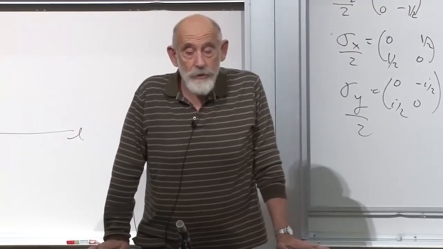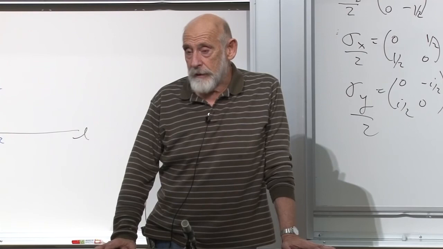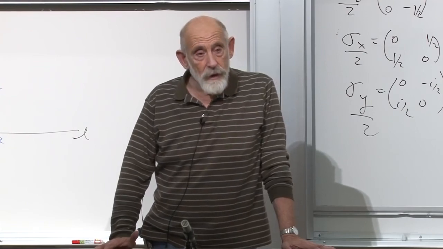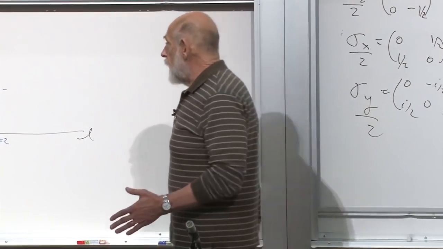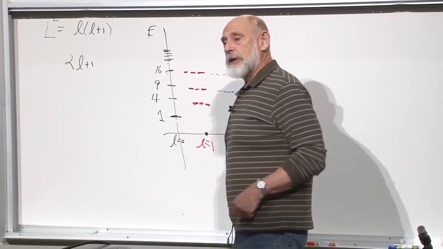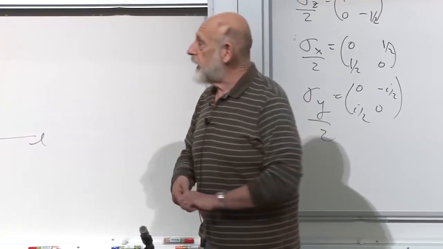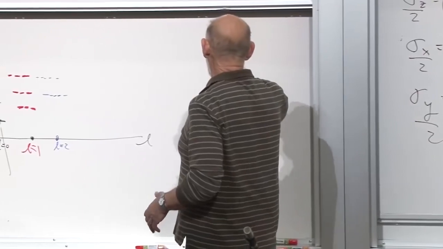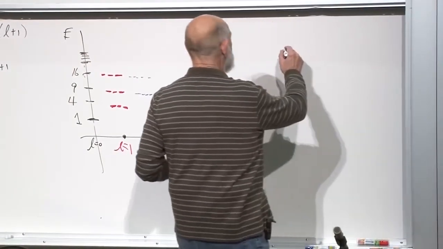And when you look at helium, which has 2 electrons, you find out that it's consistent with an energy which would be what you would get if you put both electrons into the ground state. This is hydrogen. Let's go now to helium.